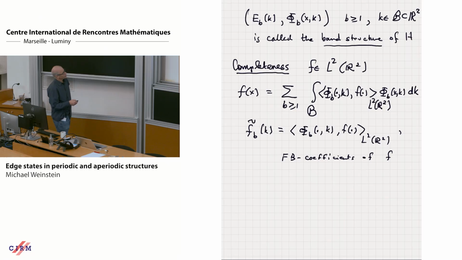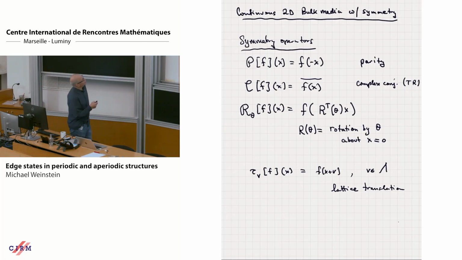Okay, and these coefficients over here, I'll call this maybe f_b tilde of k, we'll call this the b-th Floquet-Bloch coefficient of the function f. Okay. And this sum makes sense in L2. I look at partial sums, subtract, take the L2 norm and pass to the limit. Converges in L2 of the plane.